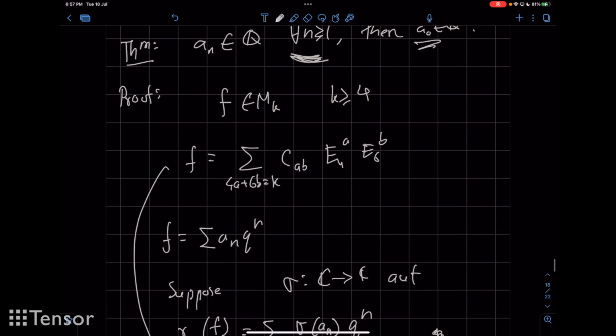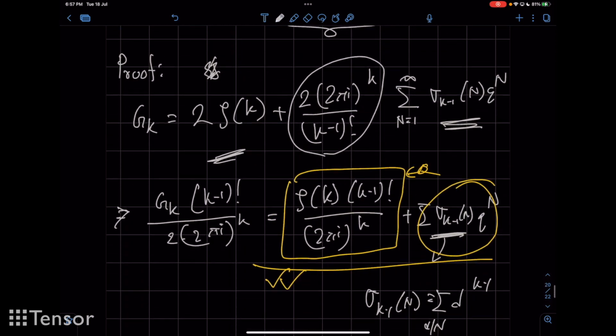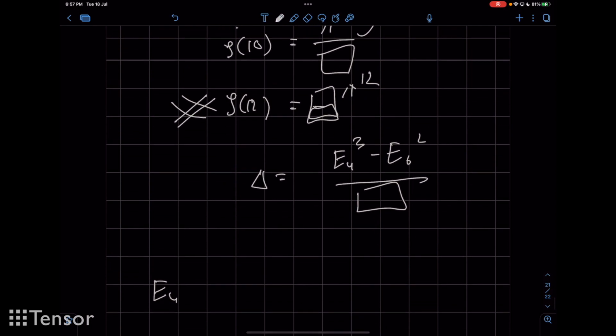E4 is actually 1 plus 240 times the sum of sigma_3(n) q to the n.